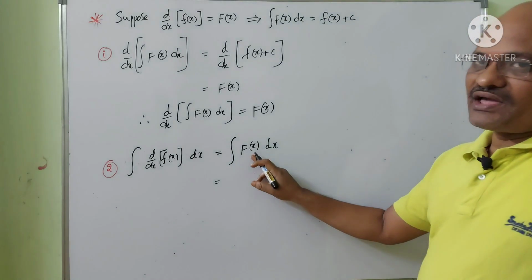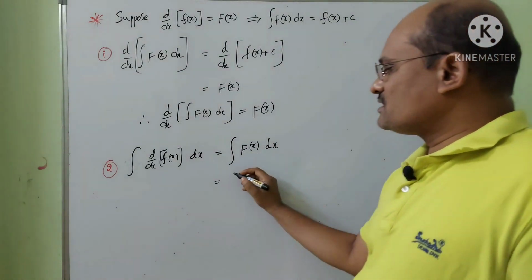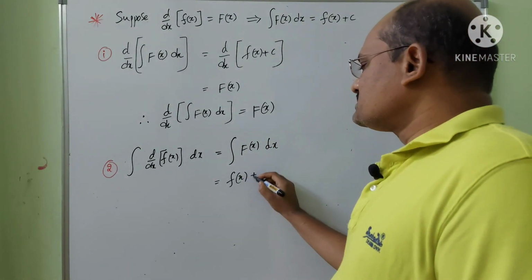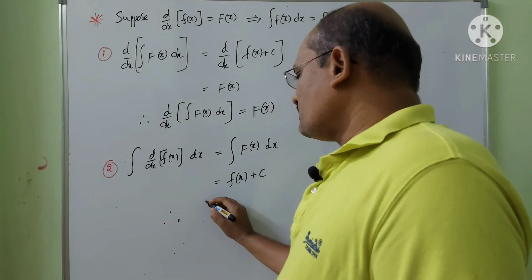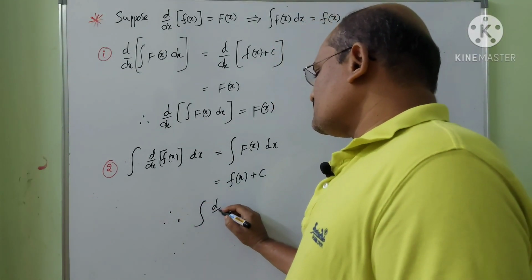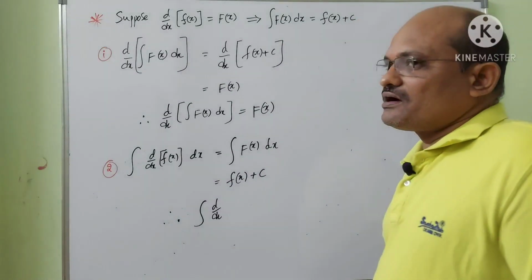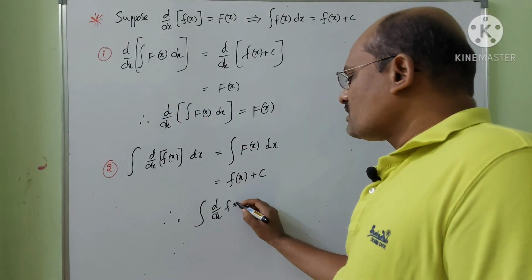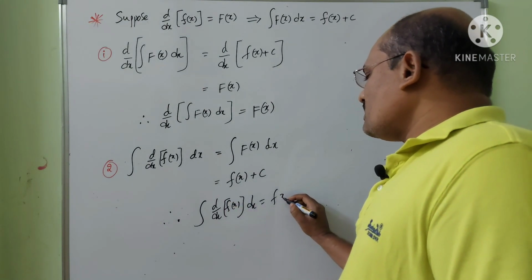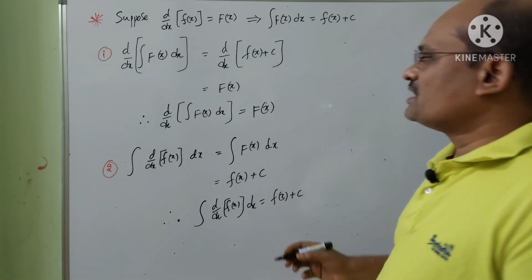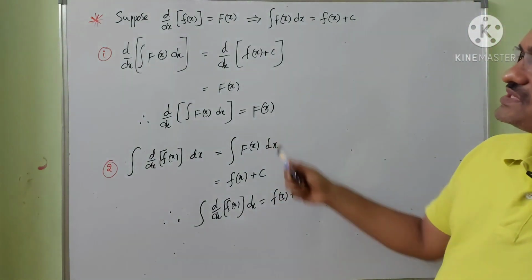Now, the integral of capital F of x dx is small f of x plus c. Therefore, the result can be written like this: the integral of d by dx of small f of x dx is equal to small f of x plus c. All of you observe these two results.